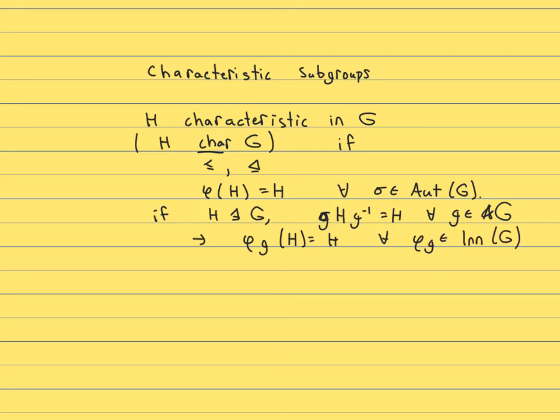So the inner automorphisms fix the normal subgroups. And your subgroup is normal if and only if you are fixed by every inner automorphism.